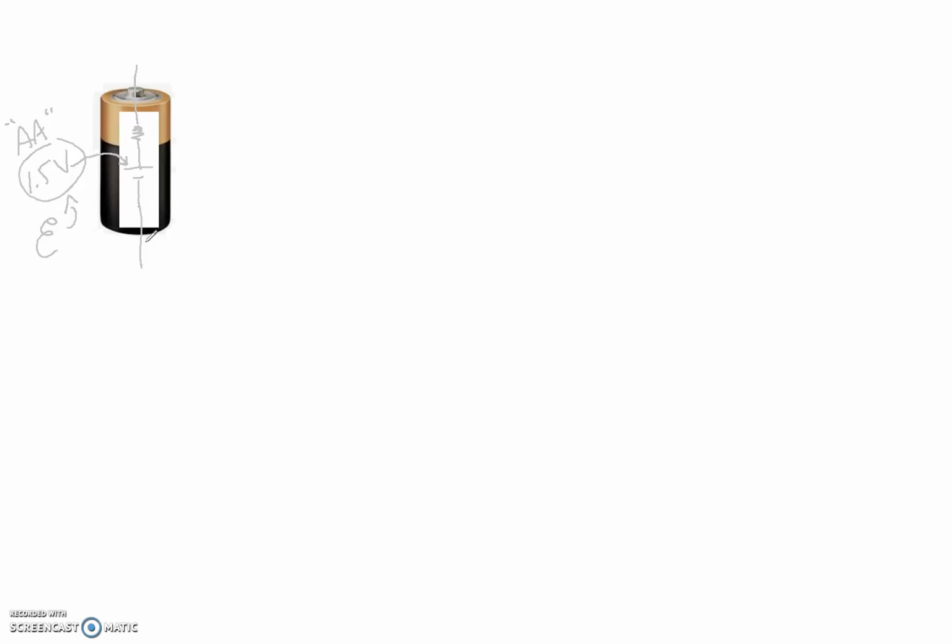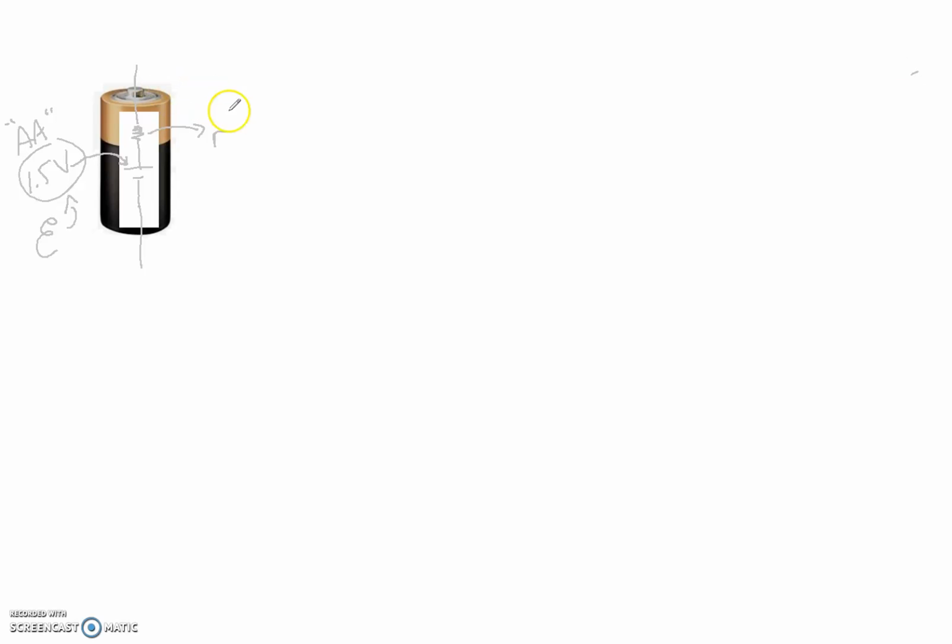So that EMF of 1.5 volts might actually exist, but it's inside. And by the time it actually gets outside of it, there's internal resistance. And that's what this is right here. That symbolizes that. Often for internal resistance, you'll use a lowercase r. So that internal resistance of the cell is going to take away some of the energy. So by the time it actually gets out, you're not going to read 1.5 volts.